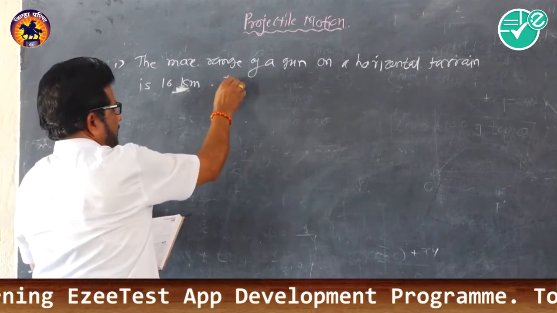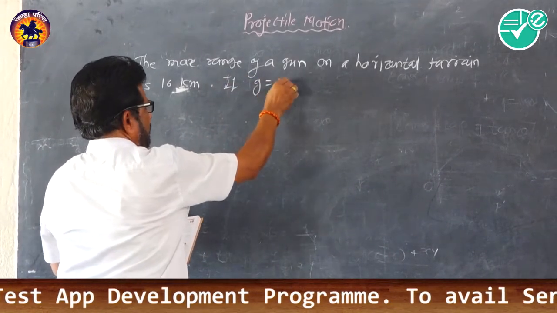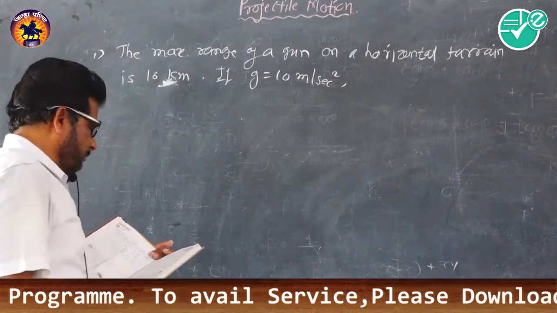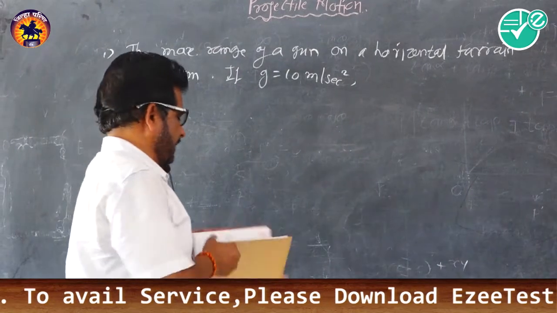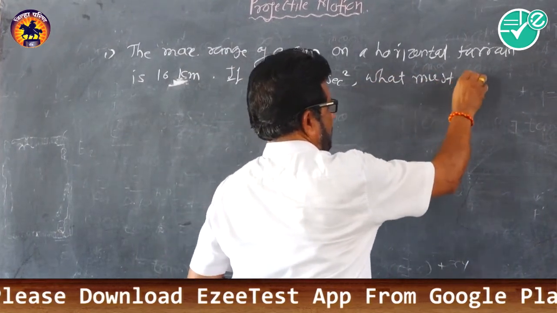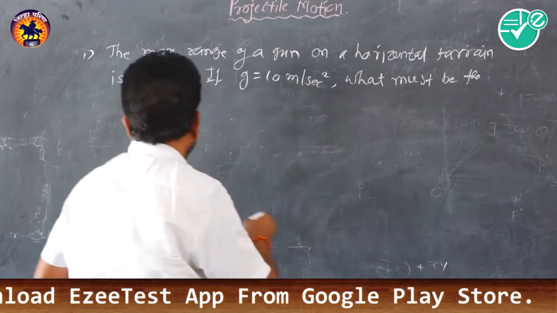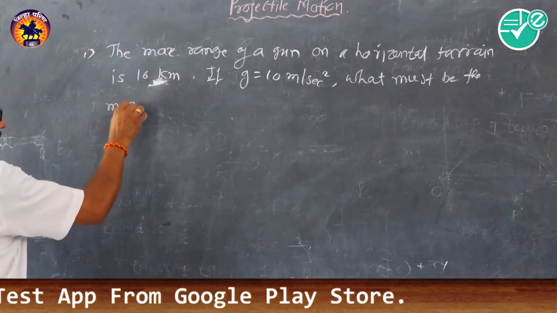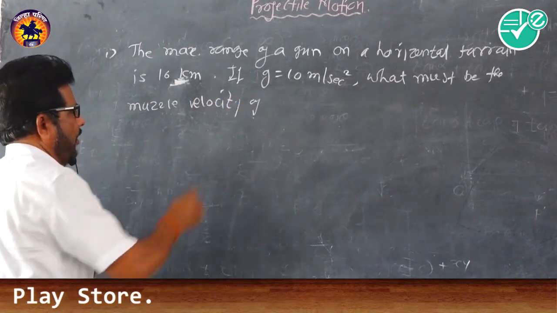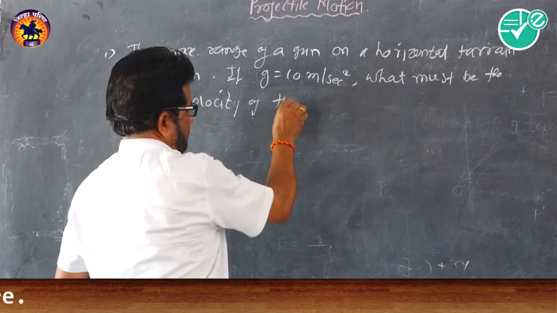If g equal to 10 meter per second square, what must be the muzzle velocity of the shell?